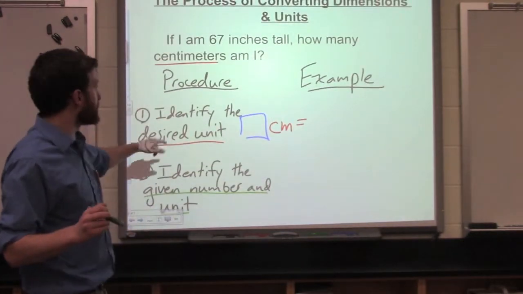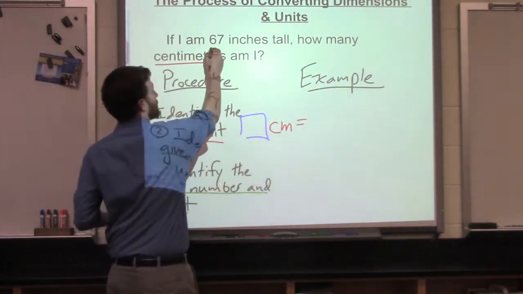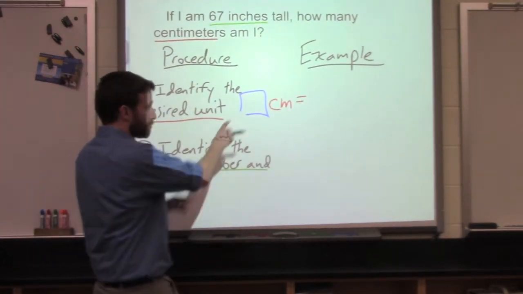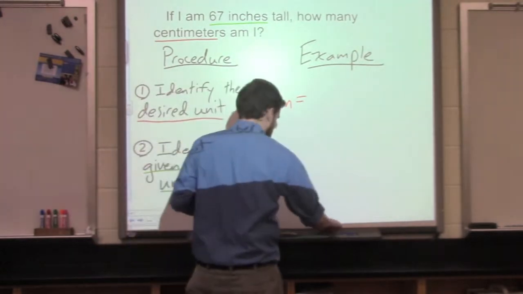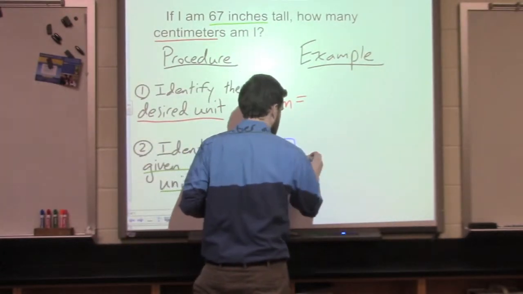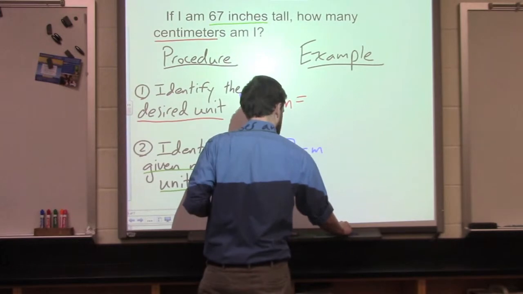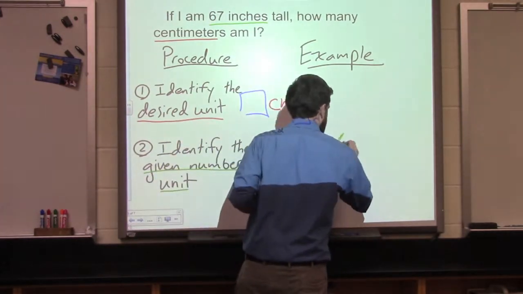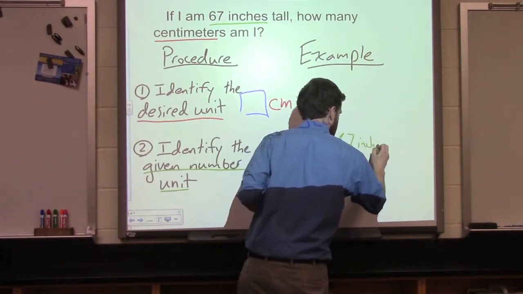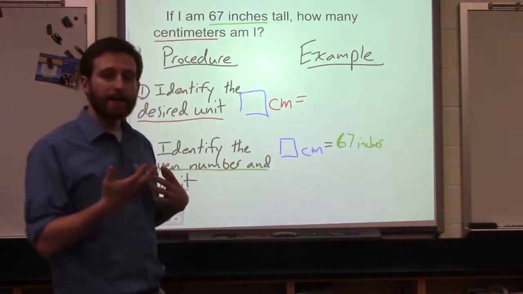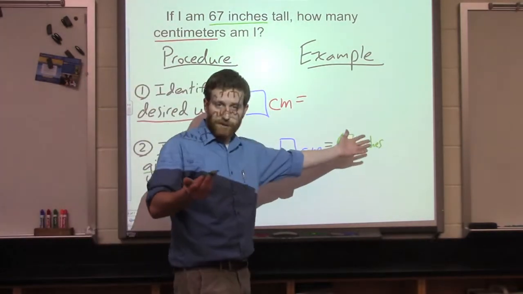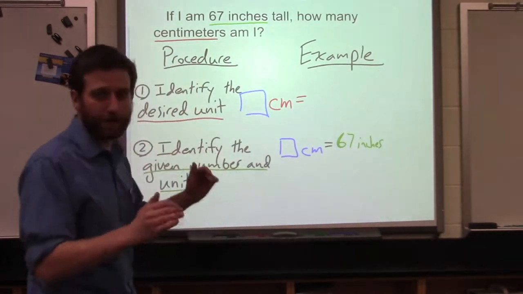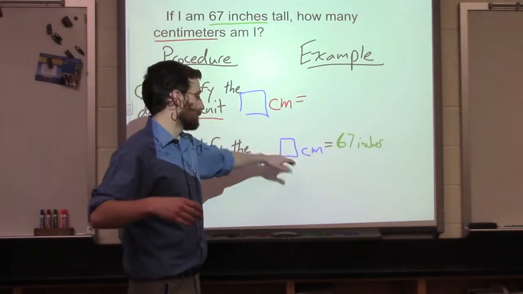In this question, the given number and unit is 67 inches. So, I take what I started with up here in step 1. I'm still looking for some number of centimeters. And I'm going to say that equals 67 inches. Okay, so I want to find what number of centimeters equals 67 inches. Pretty straightforward enough. But I need a conversion factor so that I can find this number.